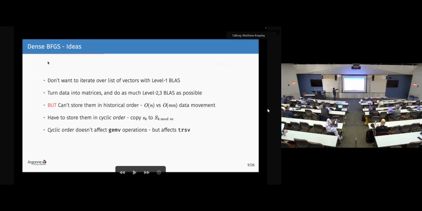I'll call that a cyclical order, where you have 0, 1, 2, 3, 4, and then for the 5, you do 5, 1, 2, 3, 4. For generic GEMV operations, whether it's cyclical or historical doesn't really matter. But for triangular solve, it does matter, as I will show in the next slides.